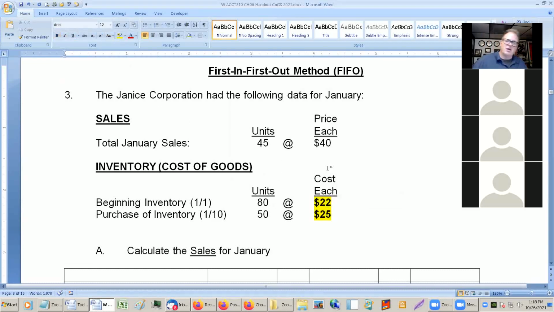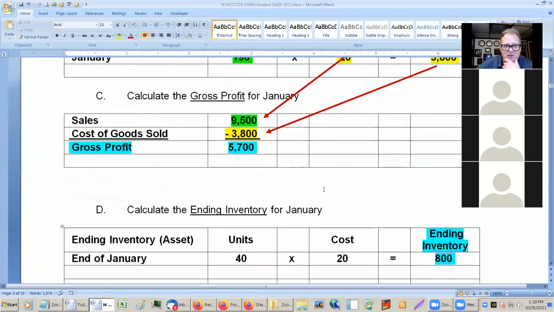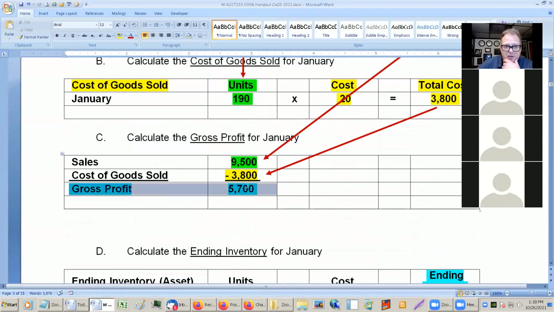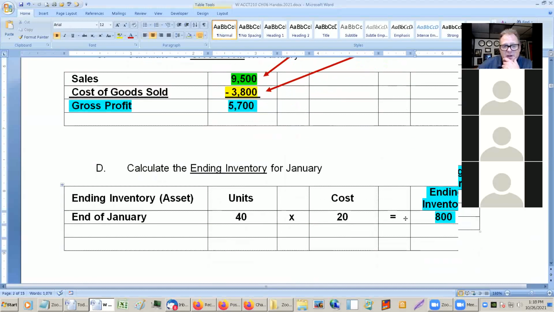Prices change. But here's the thing. We sold 45 units. Okay, the question is, which units did we sell? It's going to make a difference in how profitable we are, and it's going to make a difference in our ending inventory.